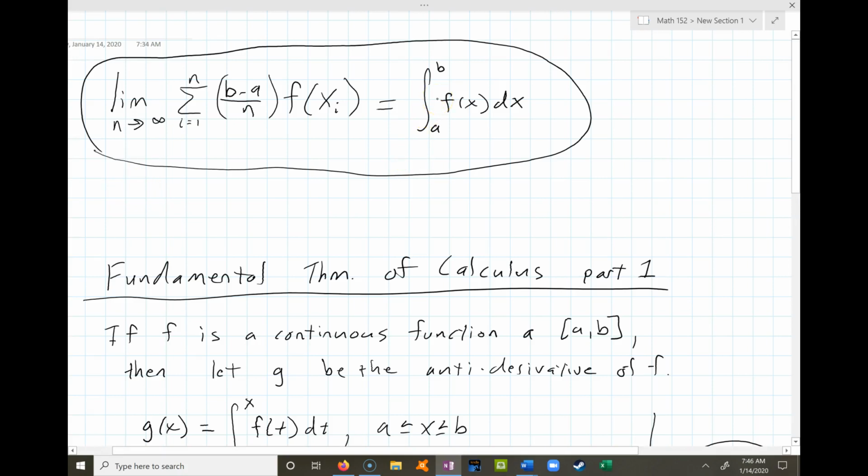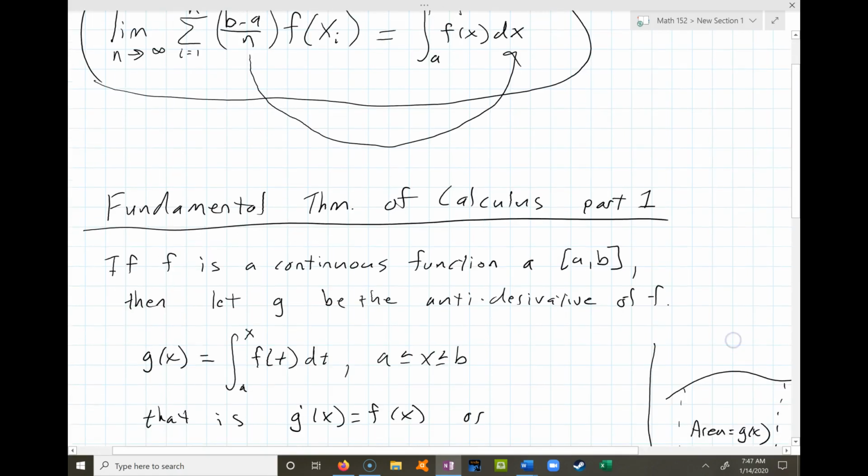The f function goes there, and the width of the rectangle goes with the dx. We're hoping this process is a lot easier than the limit process. So today's video is about finding out what this integral is.